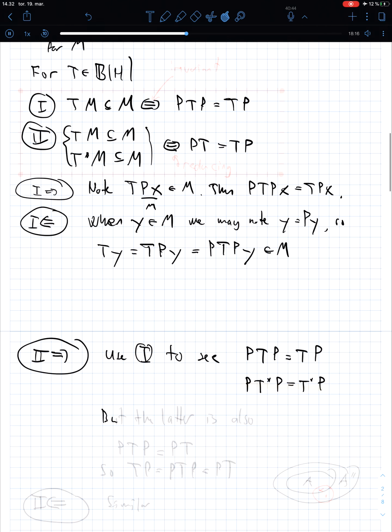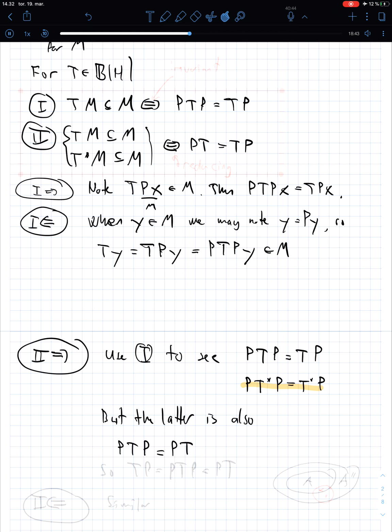But the latter also gives that PTP is PT, because if I take stars on this thing here, then of course the equality still holds.